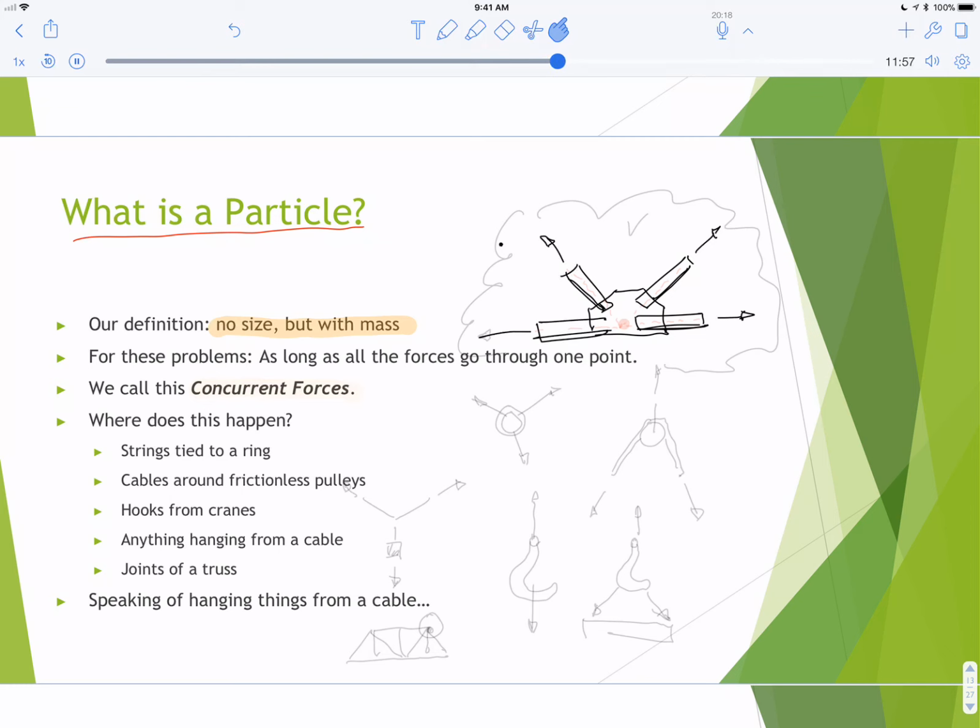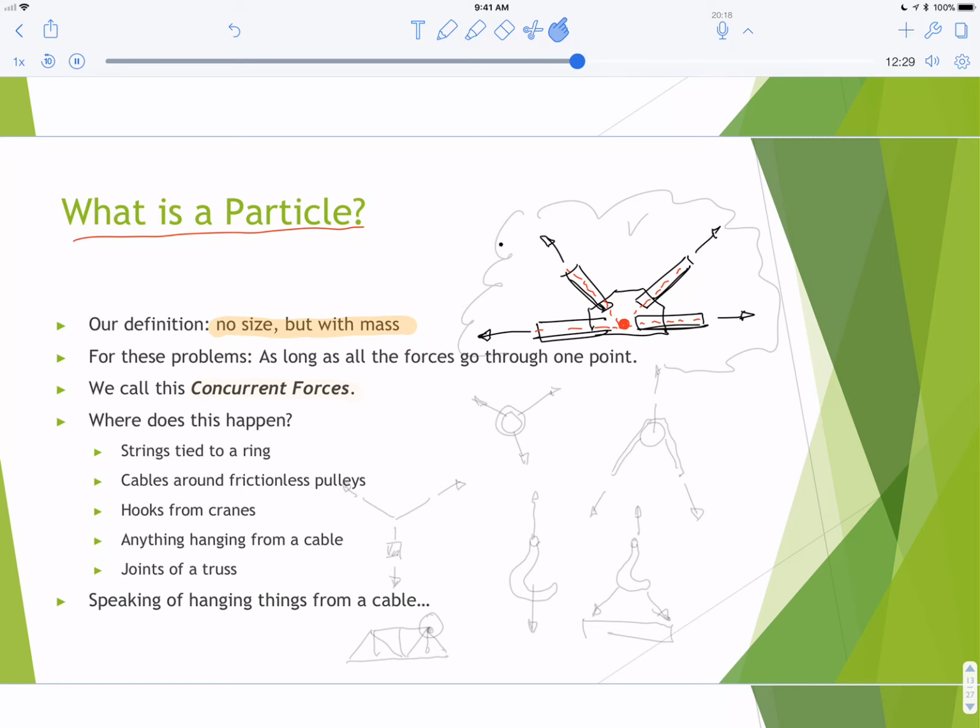Obviously this thing has a dimension, but when you take all these forces, they all go through that one point there, and so this will be equilibrium of a particle. We can consider all those forces going through a point, and we can analyze it as if it was a particle.